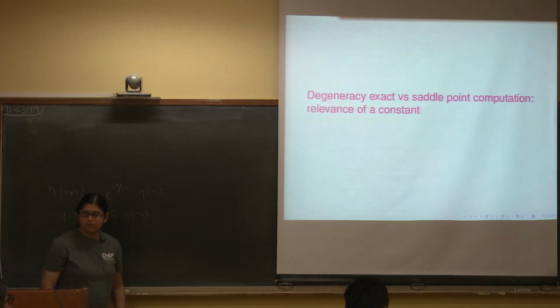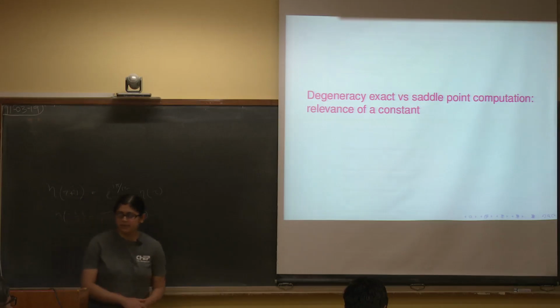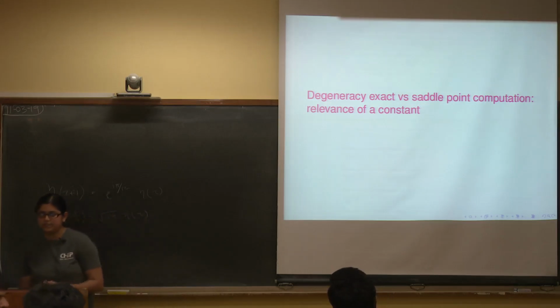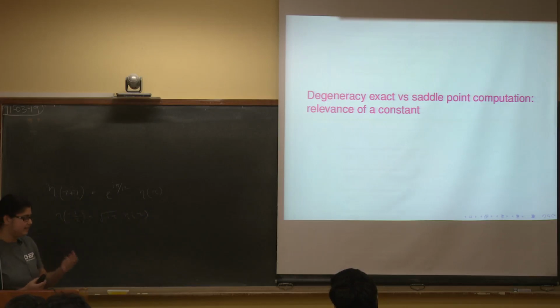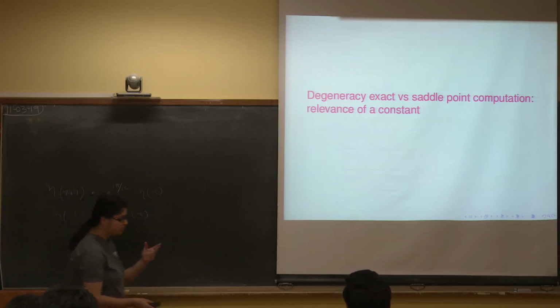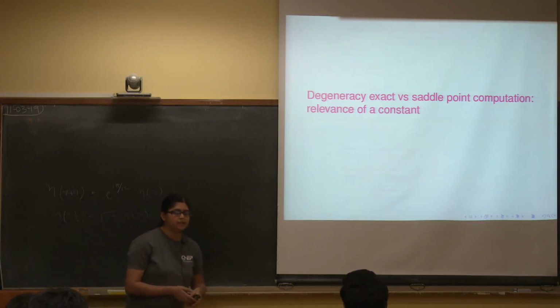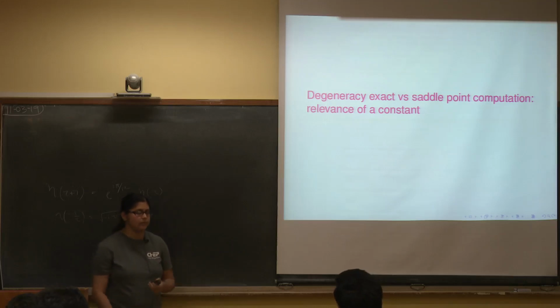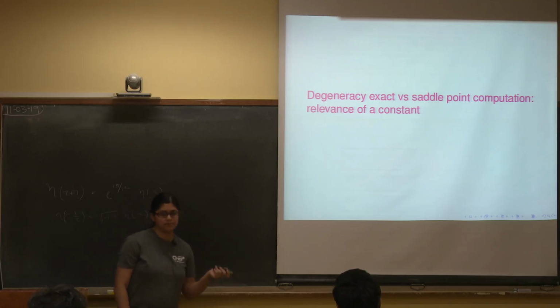Now let us move on to degeneracy and the saddle point computation of this integral, and there is a constant relating two of the Siegel modular forms, which are under different subgroups of Sp2Z.